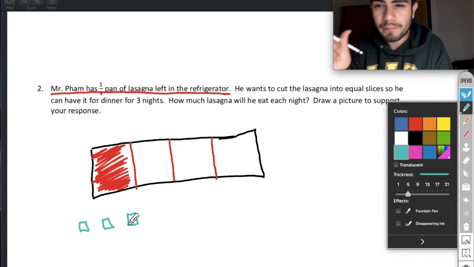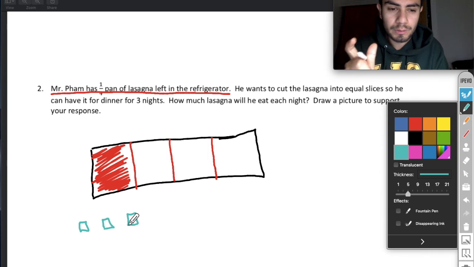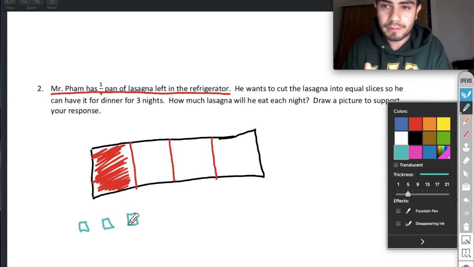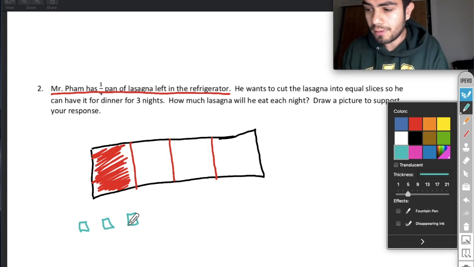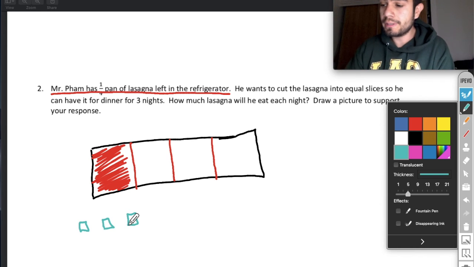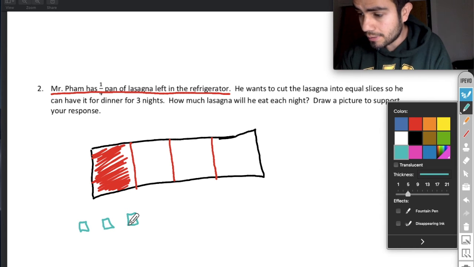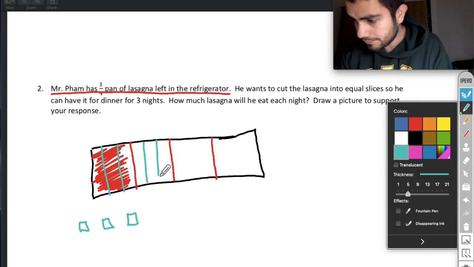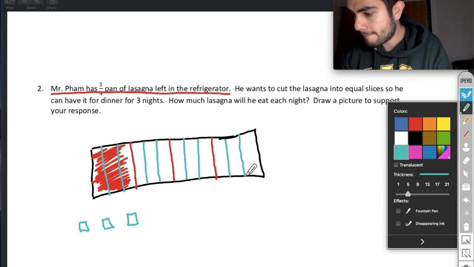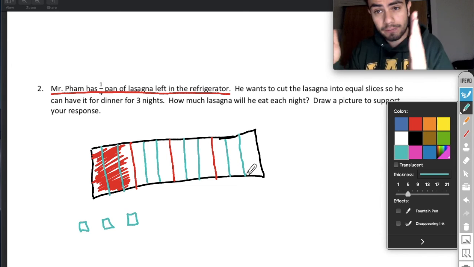How can you cut that fourth so that he can have it each night? Well, if you think back to lesson 26, you know that you can cut each of these into 3 parts. And now you can share that fourth.